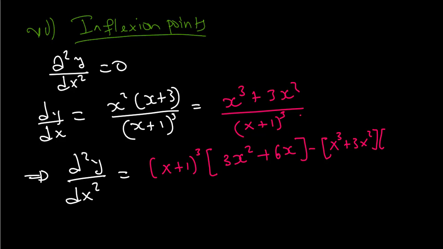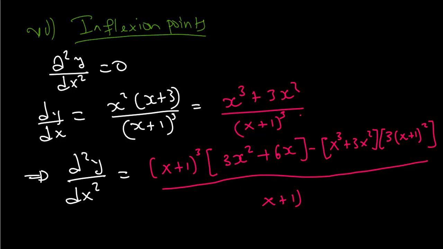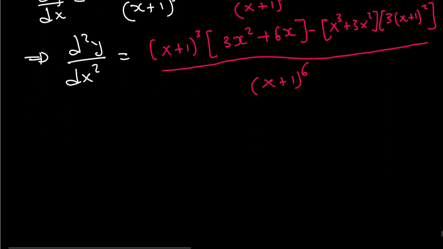So this 3 comes down, we differentiate what is inside the bracket, x plus 1, we get 1, then we recopy the bracket x plus 1 to the power 3 minus 1, which is 2. All of this is divided by the bottom squared, so x plus 1, all of that raised to the power 6. So let's simplify.